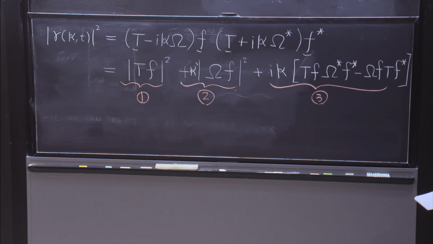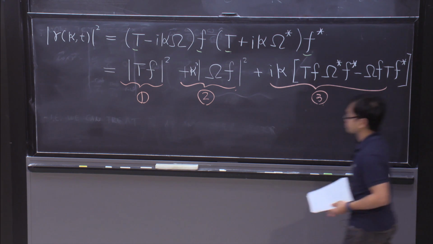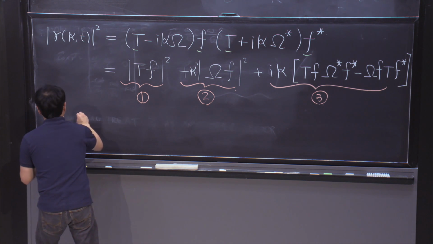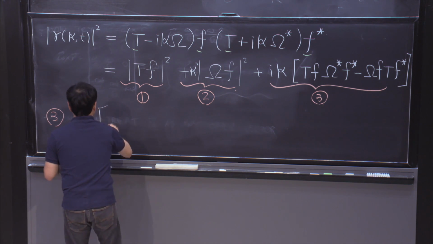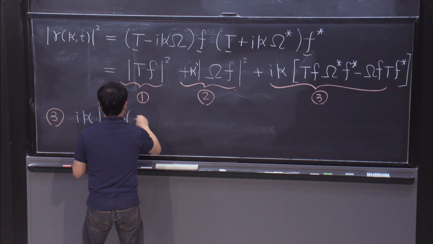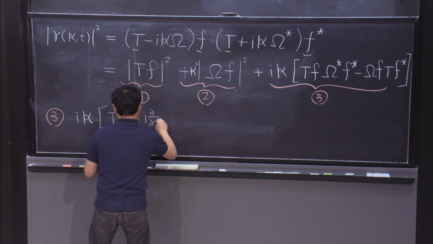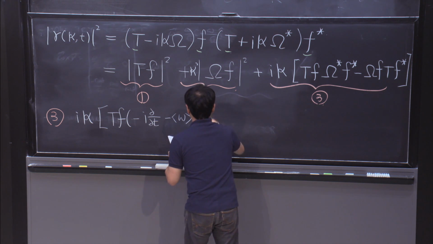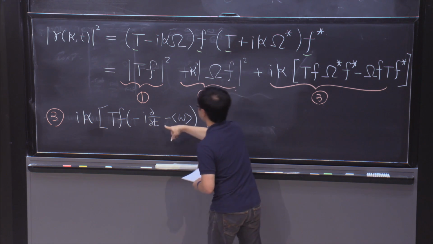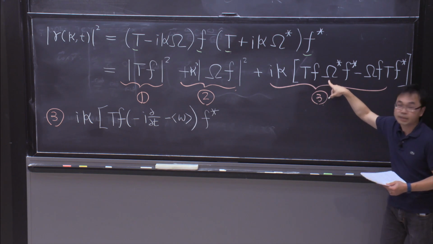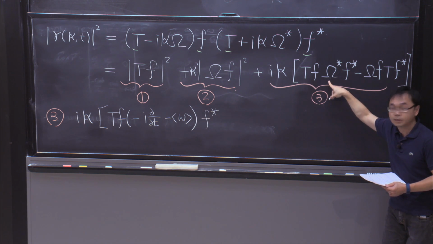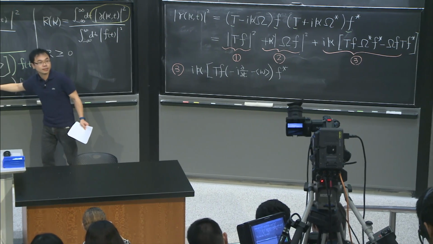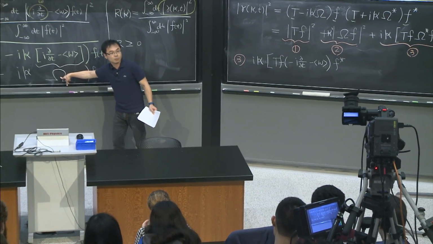So I can now attack number 3 first. Number 3, I'm going to get I kappa TF minus I partial T minus omega F star. Basically, what I'm doing is to take this omega here, this is omega star, and use the definition, write down the expression for capital omega explicitly.